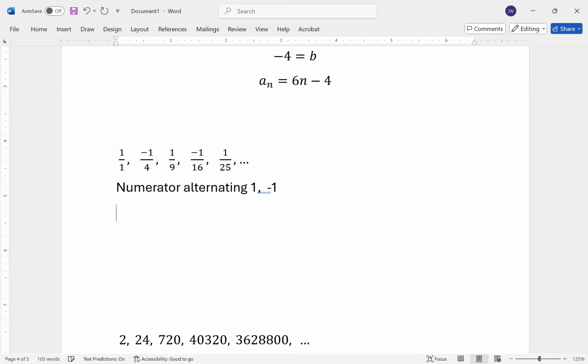The denominator, 1, 4, 9, 16, 25, is just n squared. So it's just the squares of n.